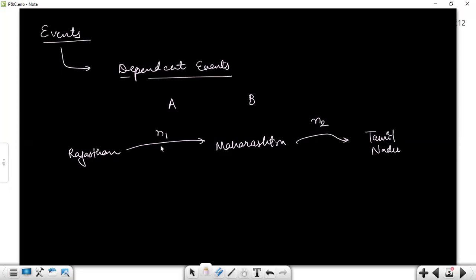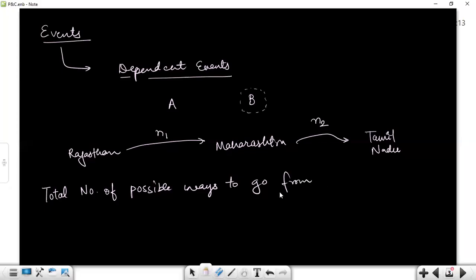Now these numbers of ways are dependent. Only when you reach Maharashtra from Rajasthan will you be able to reach Tamil Nadu from Maharashtra. So the B event is dependent on the A event here. So the total number of possible ways to go from Rajasthan to Tamil Nadu is N1 and N2.